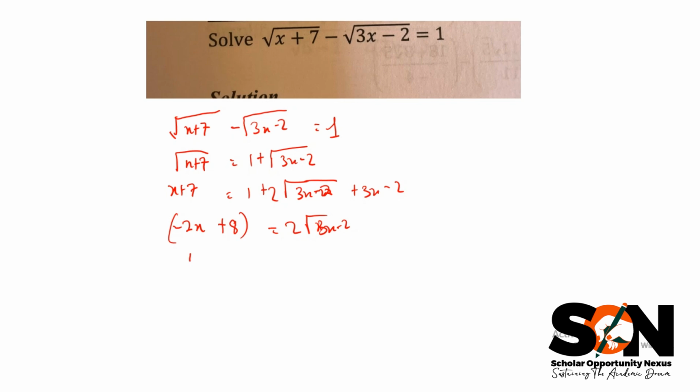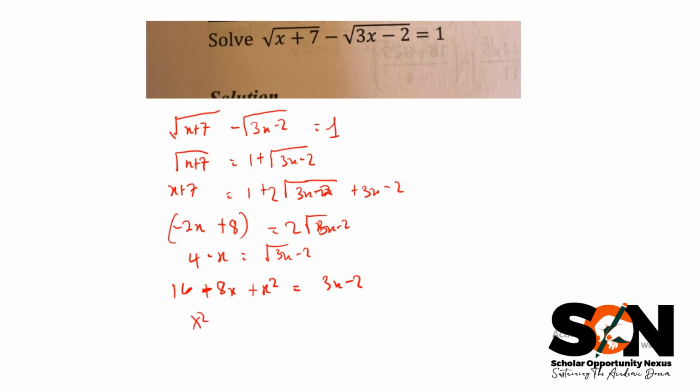Then if you divide through by 2, you get this to be equal to the square root of 3x minus 2. Then from here, square both sides, you get 16 minus 8x, then plus x squared, and this will be equal to 3x minus 2.